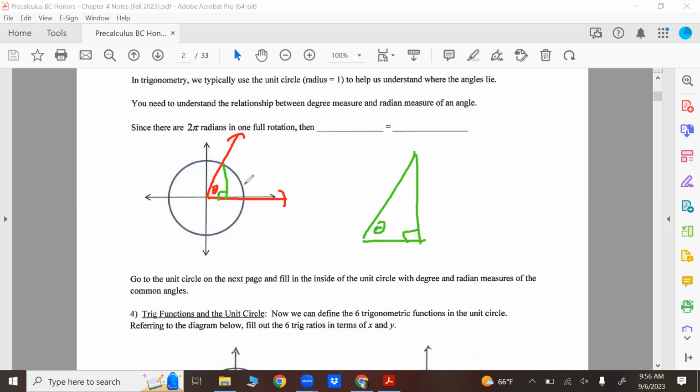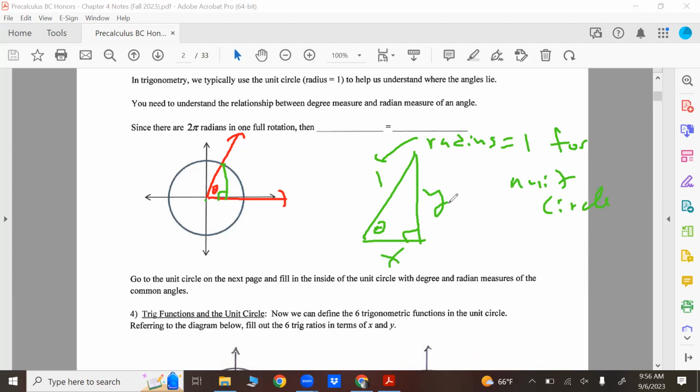Okay. So this right here, the hypotenuse, is the same thing as the radius of the circle. In fact, it's 1, because you have a unit circle. Radius equals 1 for the unit circle. And I'm going to call this x and y, because x is horizontal and y is vertical.